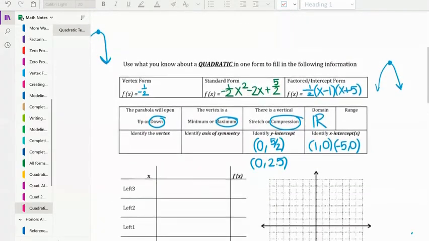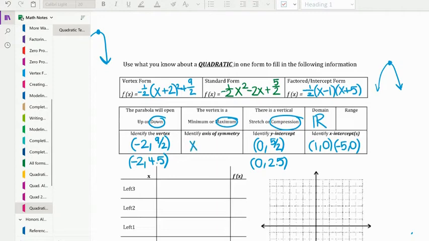So we will write that. So we get x plus 2 squared plus 9/2. And then now we know the vertex. It would be negative 2, 9/2, or you can say negative 2, 4.5. The axis of symmetry is x equals negative 2.